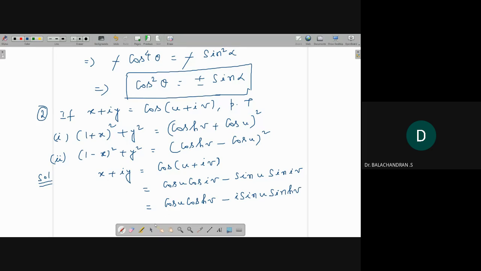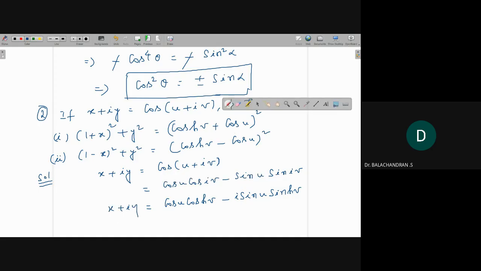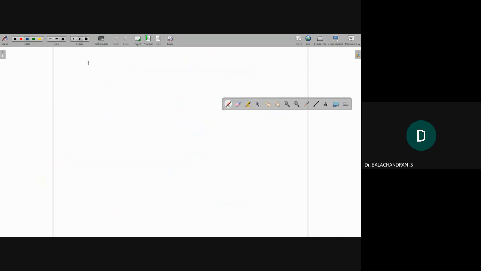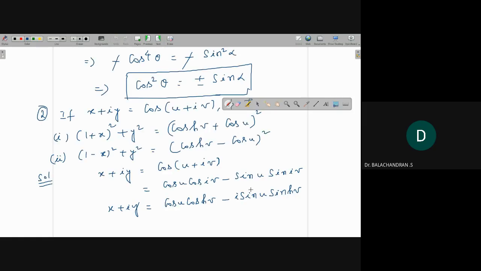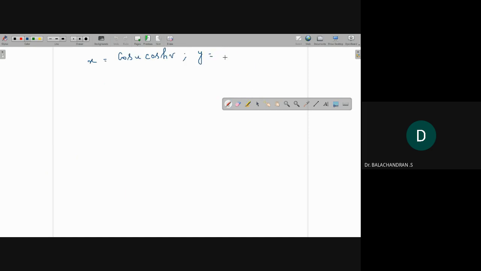So from this we have what? This is x plus iy. I will write in the next page. x equals cos u into cos hv, and y equals minus sin u into sin hv.